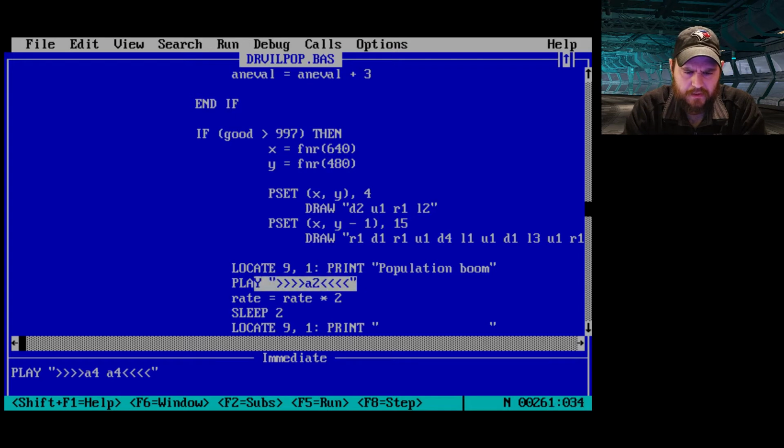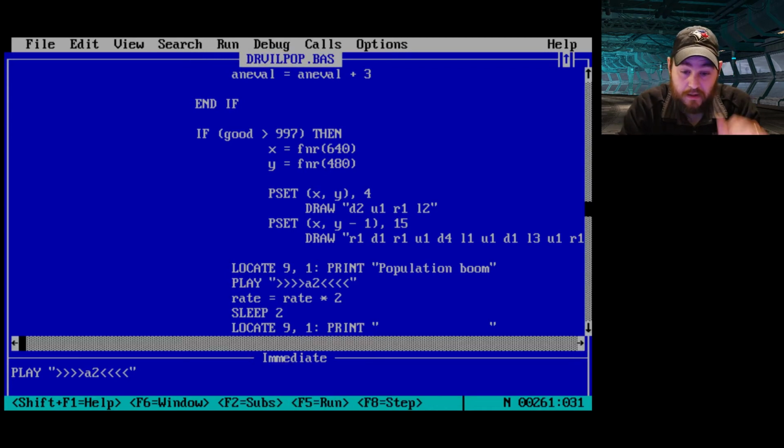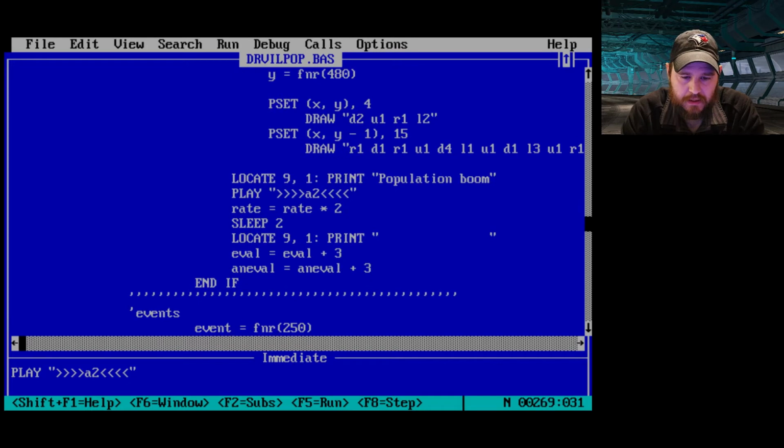We're going to play this beautiful tune. Whew, that's high. I guess really high notes mean good things, and really low notes mean bad things. But your population boom, your rate gets doubled, so that's pretty awesome. And your evaluation increases by 3.